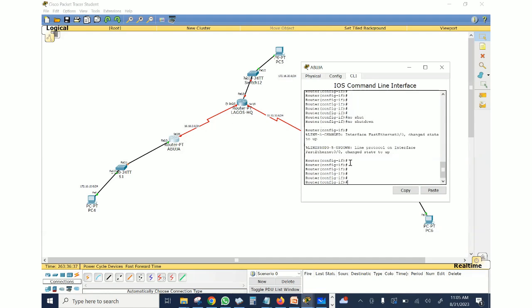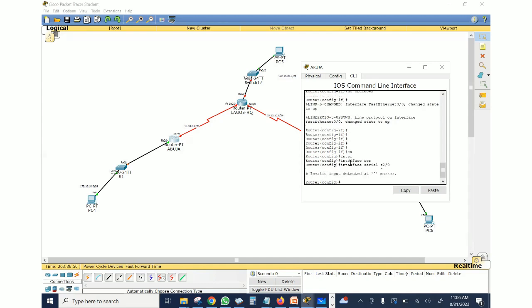Let's give it IP address. That place is an interface, interface Serial 2/0, right?